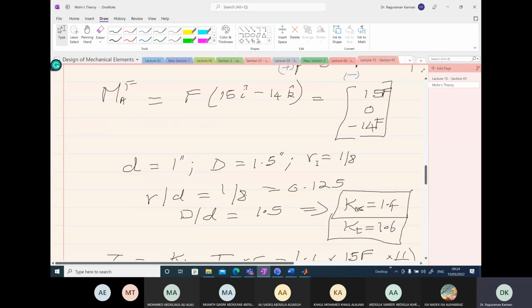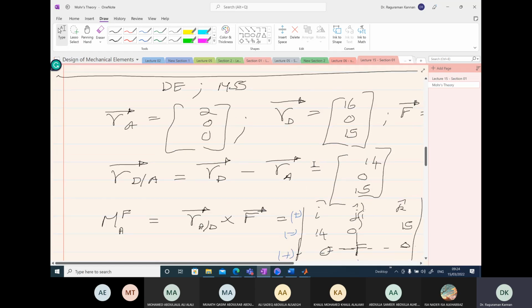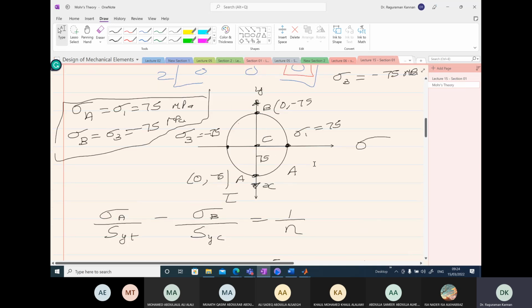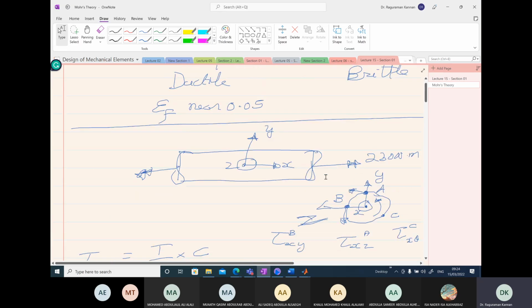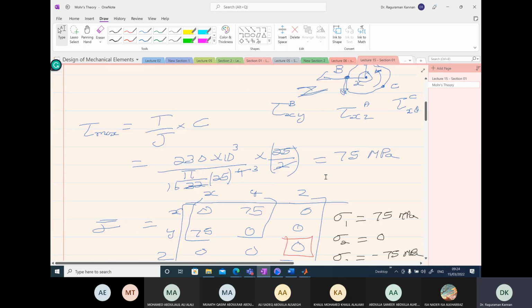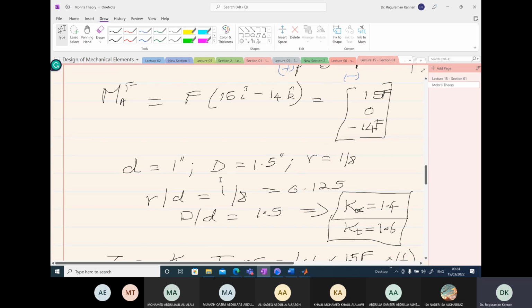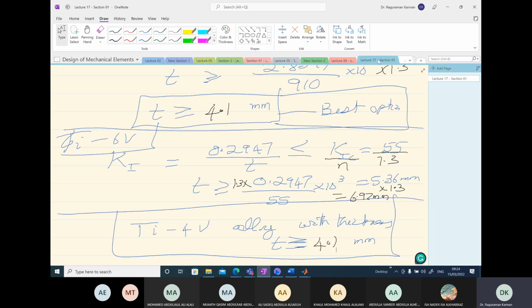I think this is the problem we solved. I just want to check what concentration factor we may have used over there. Okay, so here we have Kt is 1.6, Kts is 1.4. I'm going to use the same concentration factors over here.